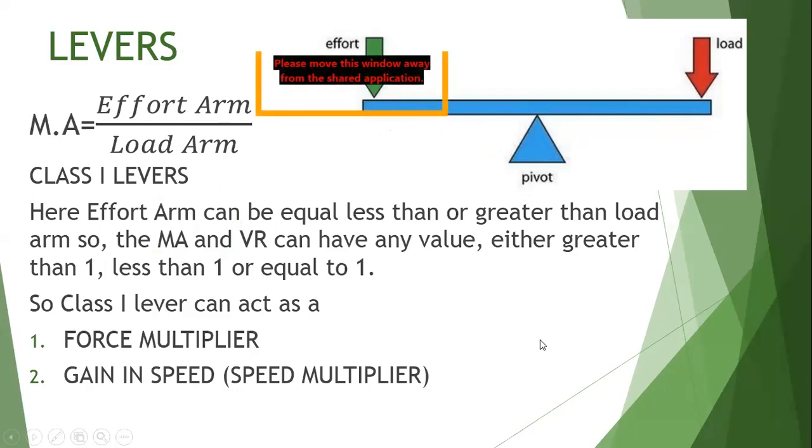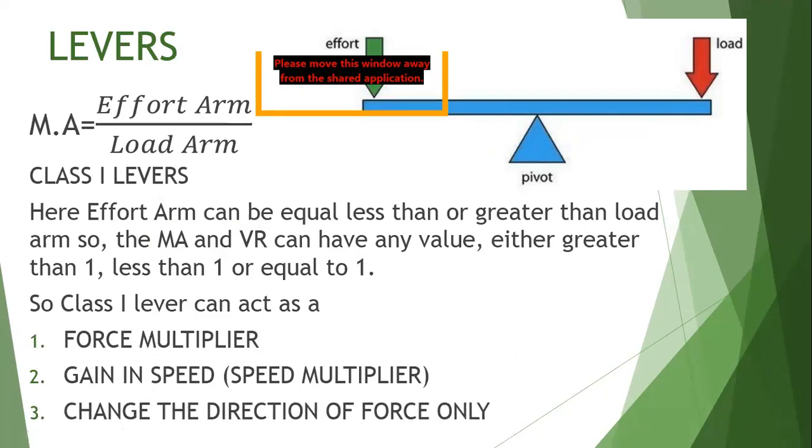And we do have the third possibility as well, that is change in the direction of force only. This is possible when your MA and VR are equal to 1. And when is it possible? If your fulcrum is exactly in the middle of the load and the effort, then your effort arm and your load arm are going to be equal.